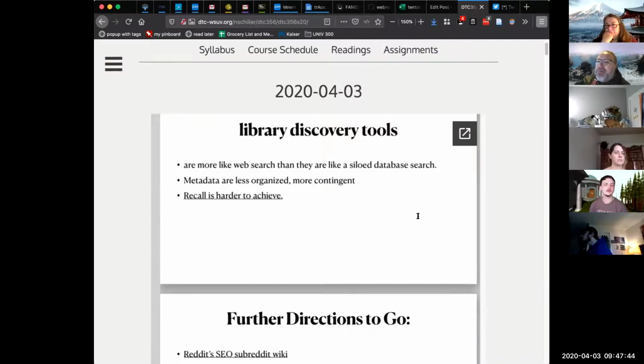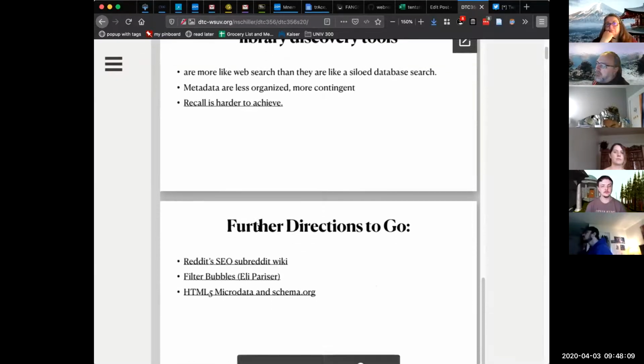So sometimes it's better to be a database, but there's been a big push for us to do more things that are like Google. And there's some benefits from that. But one of the things is our Boolean searching, our combination of sets has become much less accurate because the boundaries of what goes into a category have been much less clear.